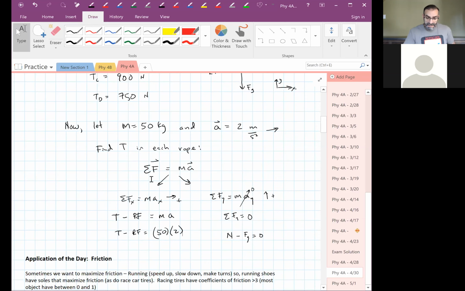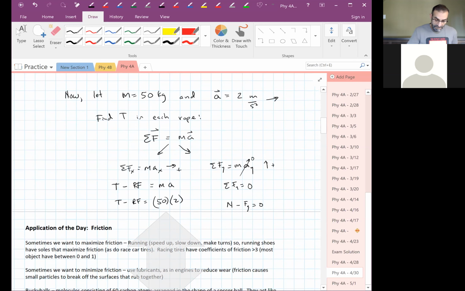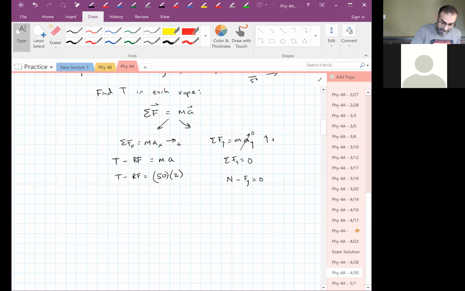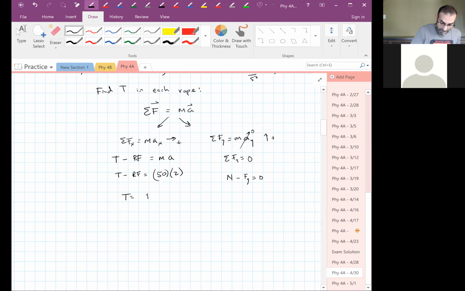So the difference between them has to be 100 newtons, right? So the tension is equal to the resistive force plus 100 newtons. So in each case, we just add 100 newtons. So in A, it becomes 850, right?